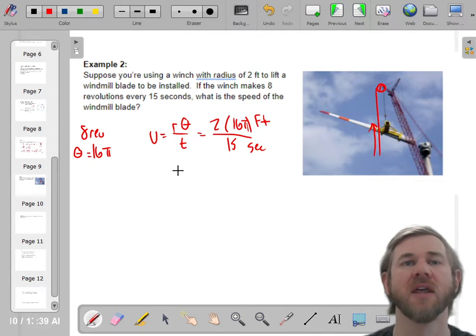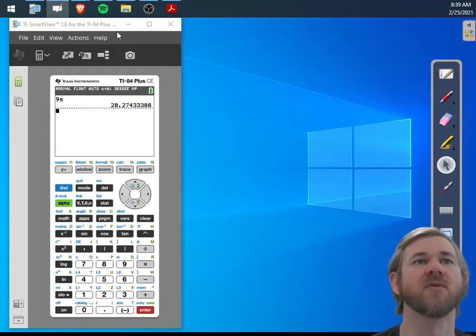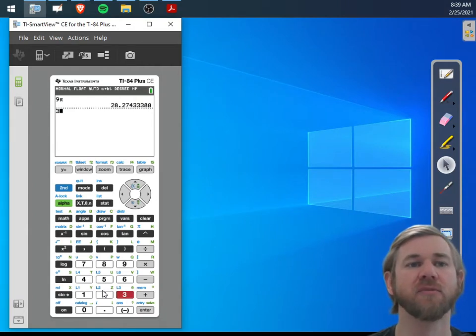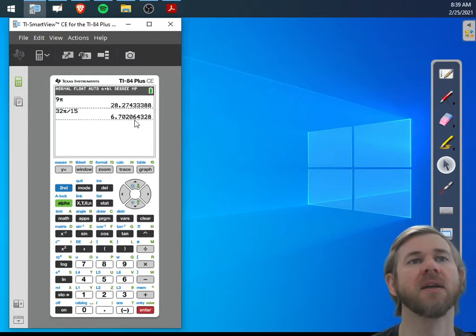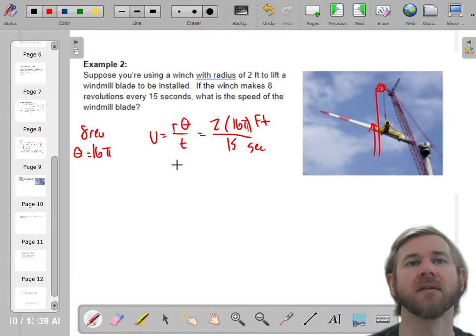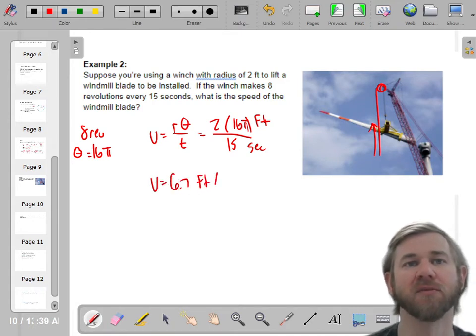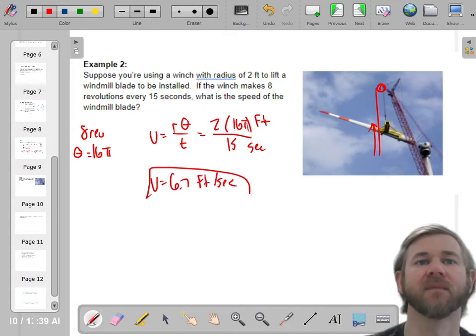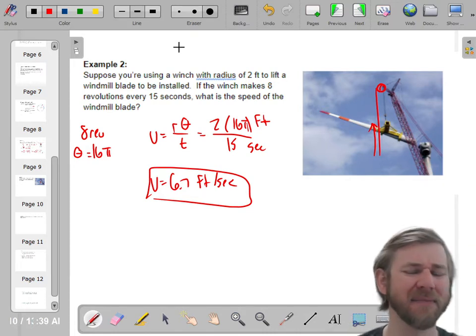So this is 32 pi over 15, which I'm going to actually get the decimal for. So 32 pi over 15, and I get 6.7. V equals 6.7, and that's feet per second.